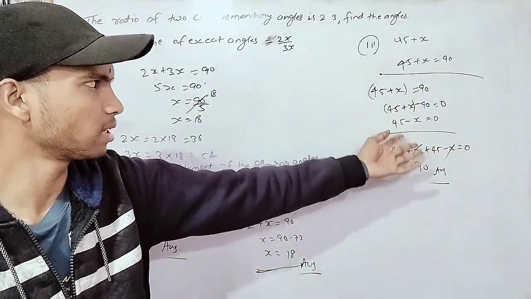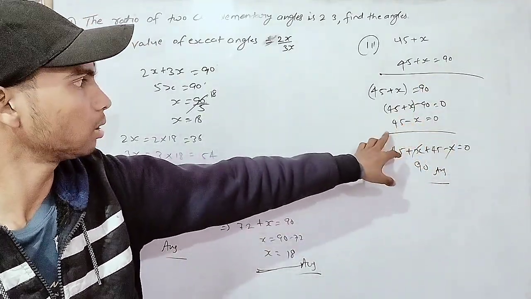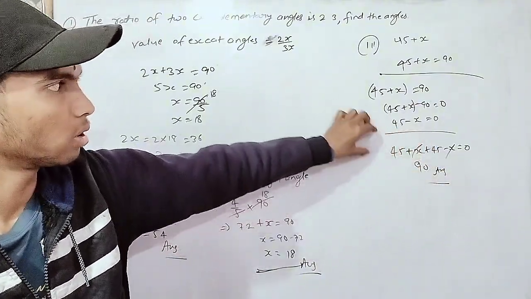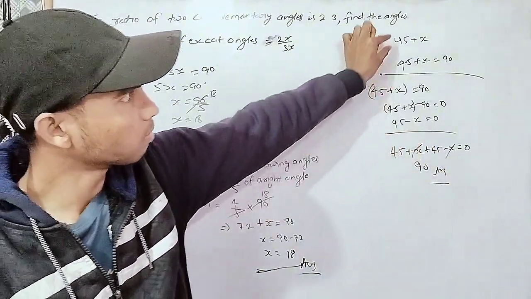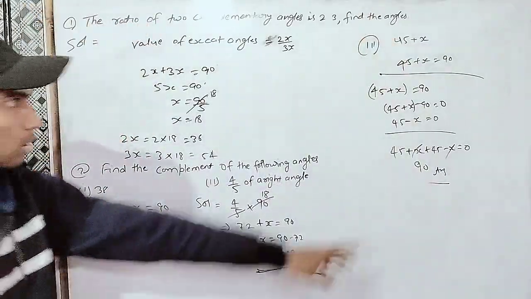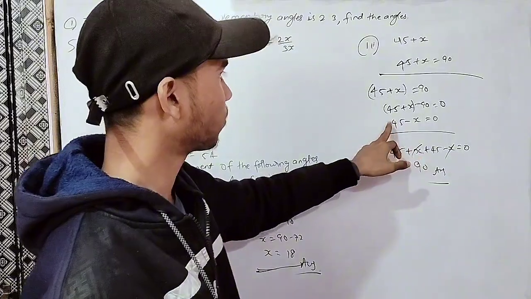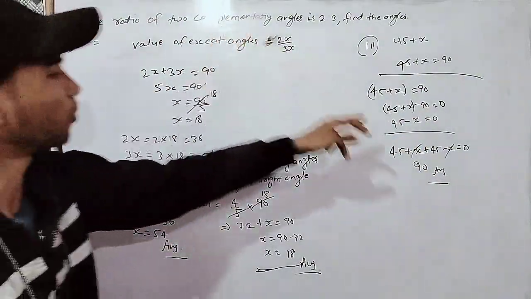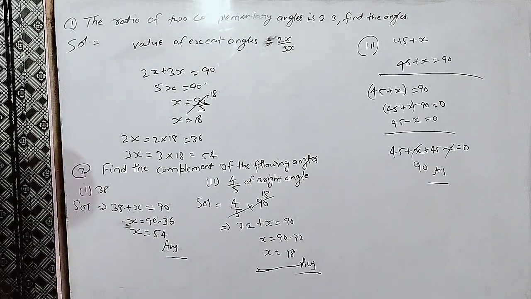And this is the equation. Now we go to what we have as the answer, 45 minus x. The sum of this and the sum of this would be 90, and this is a proof. So the value of a complementary angle is 90.